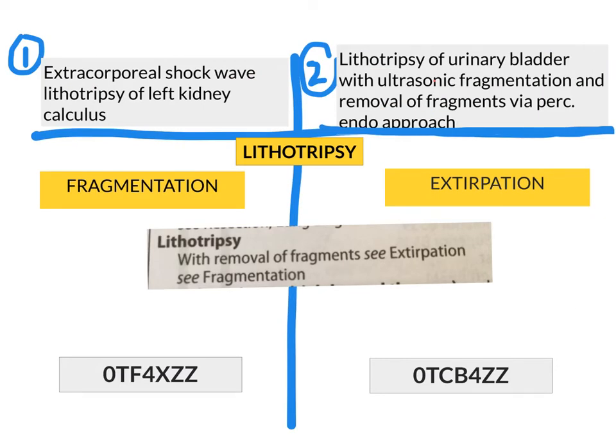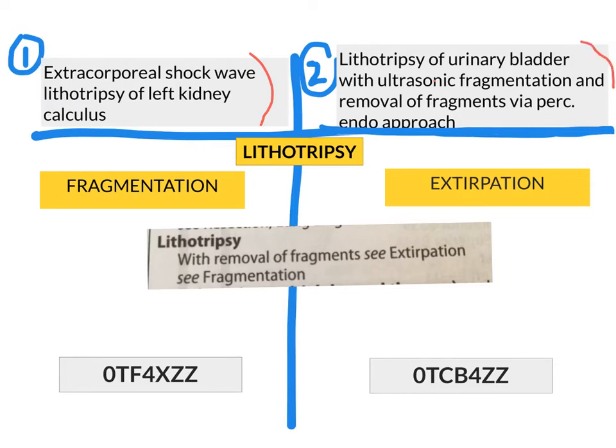Now let's move along and compare 2 surgical techniques which address stones in the urinary tract. Both of these examples that we are going to compare and contrast here are from exercise 21.3. So first of all, we have extracorporeal shockwave lithotripsy of left kidney calculus.